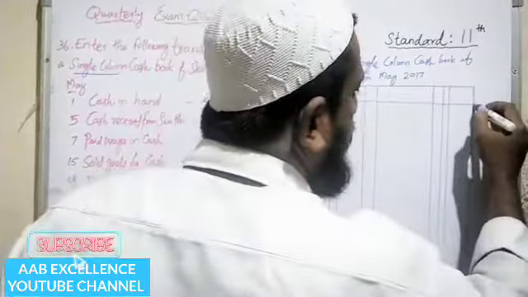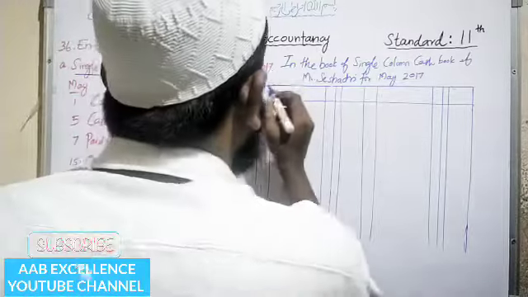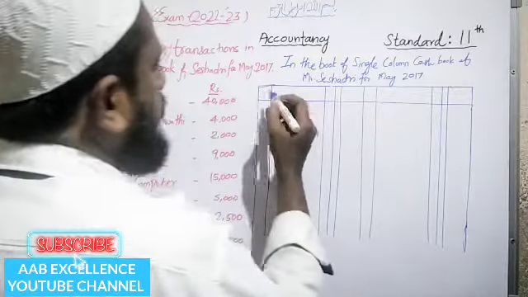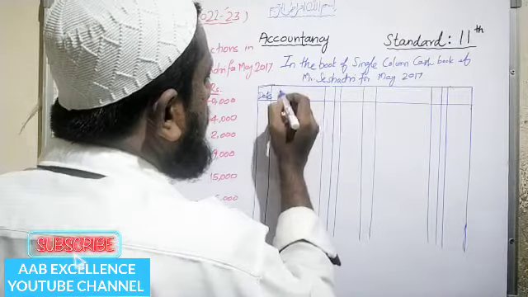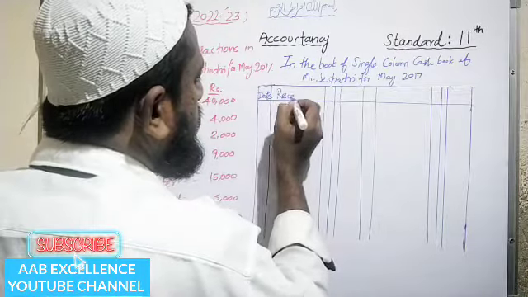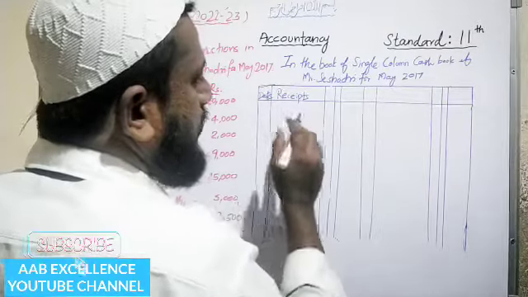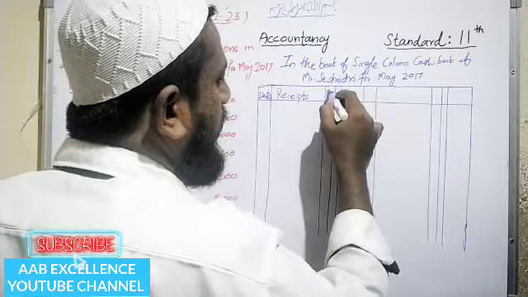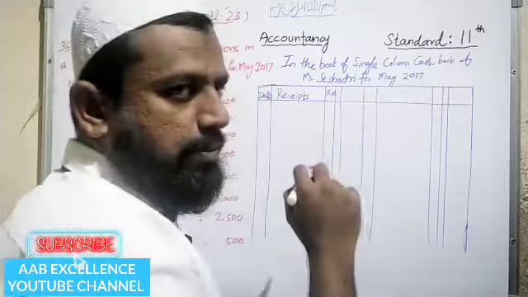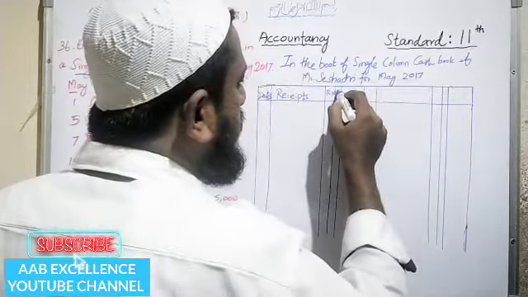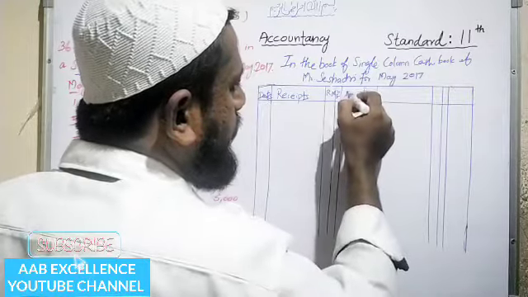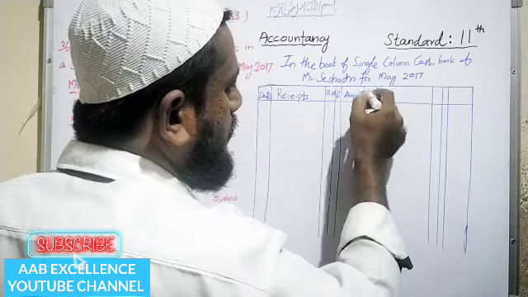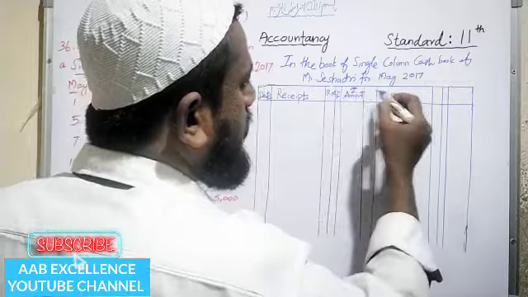Okay, students. First we have to draw the boxes and tables. First date, receipts. RN means receipt number. Then LF, ledger folio, then amount or the rupee symbol, both are the same.